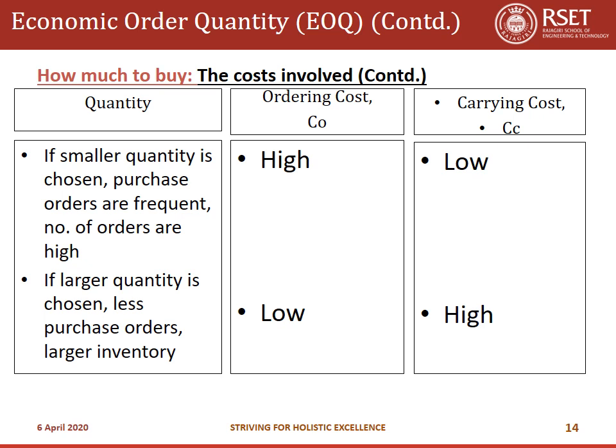Rather than sending 50 orders of 2 units each, you're sending just one order of 100 units, and so your ordering cost is going to be less. However, the holding cost is going to be high because 100 units are going to come. You need space to store it. So you need to rent out the storage space. So carrying cost would be high. So this is a small comparison between what happens if small quantity is chosen and what happens if large quantity is chosen.